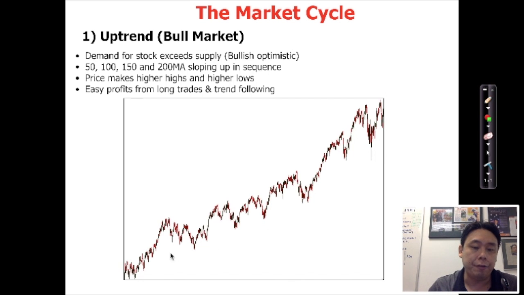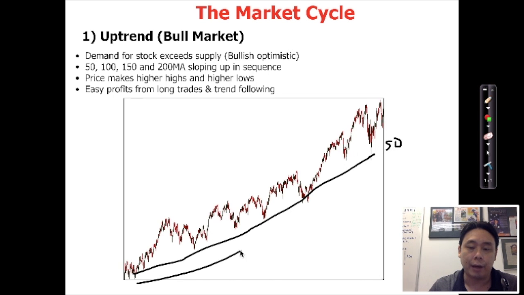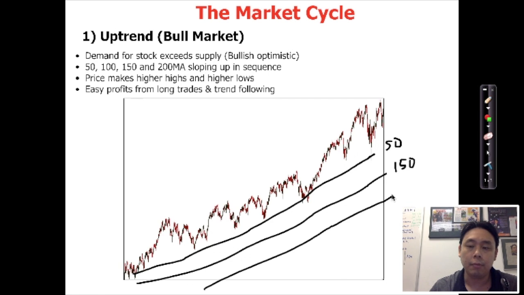Very often, the 50 moving average will be above the 150 moving average, and it'll be above the 200 moving average as well. That's a very clear uptrend. An uptrend is defined specifically as price making higher highs and higher lows, as you can see.